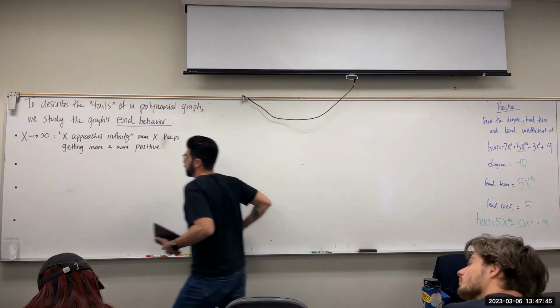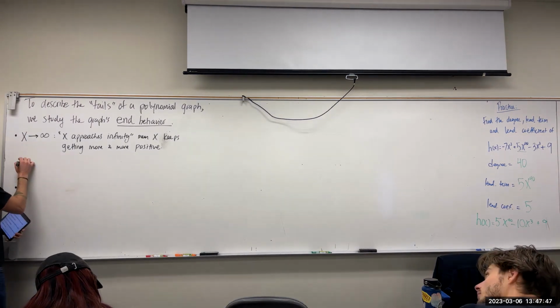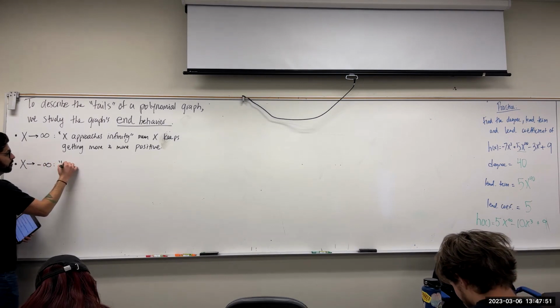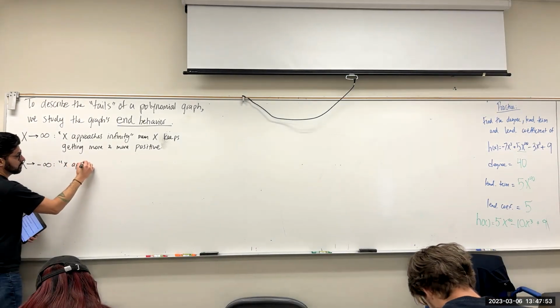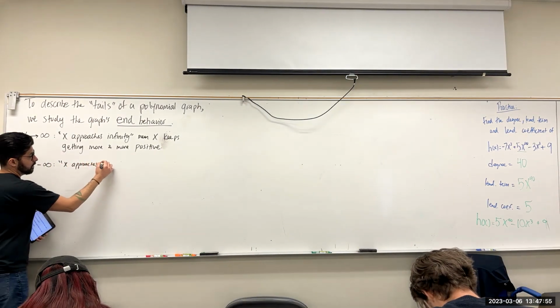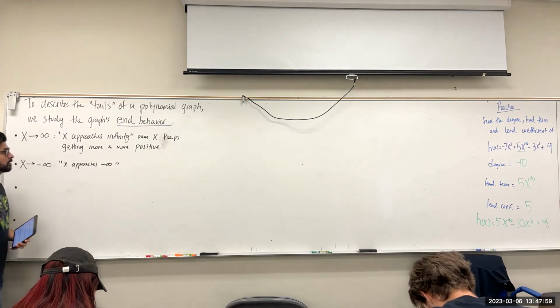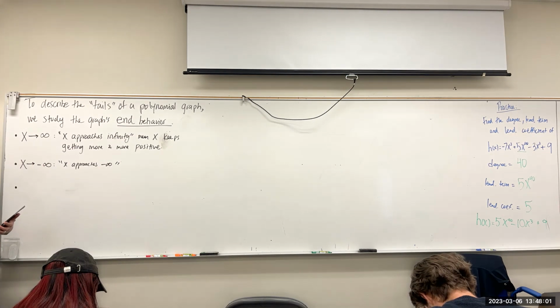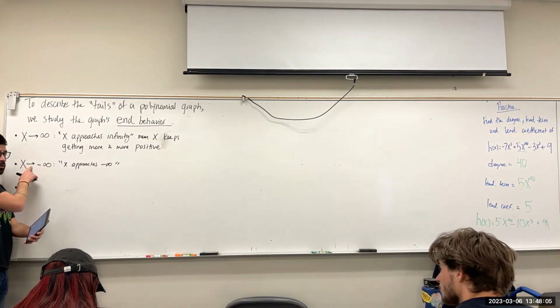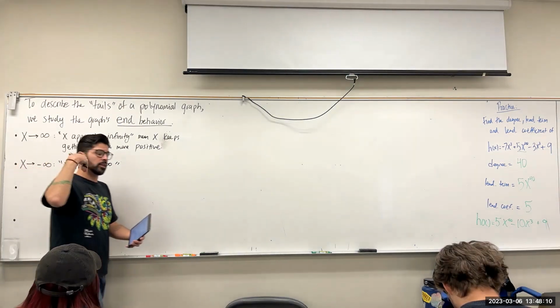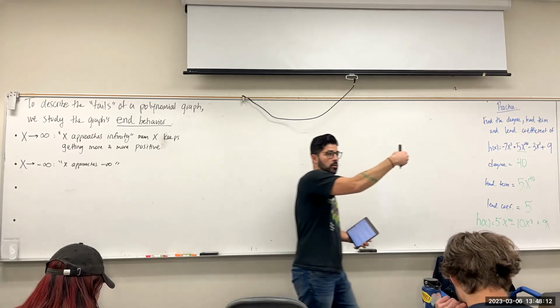The next one is going to be x approaching negative infinity. So you would read that as x approaches, let's just say negative infinity, just to save some time. It doesn't mean equals though, okay? It means it's approaching. So your head should think of it as continuously going in that direction.